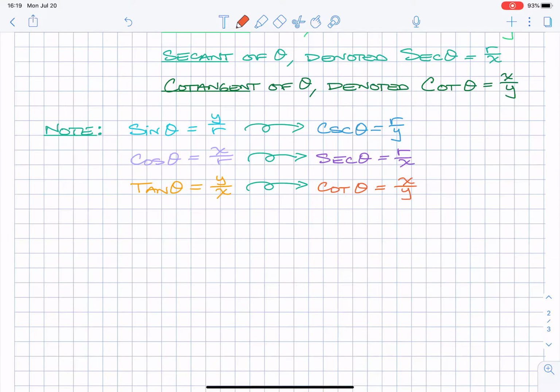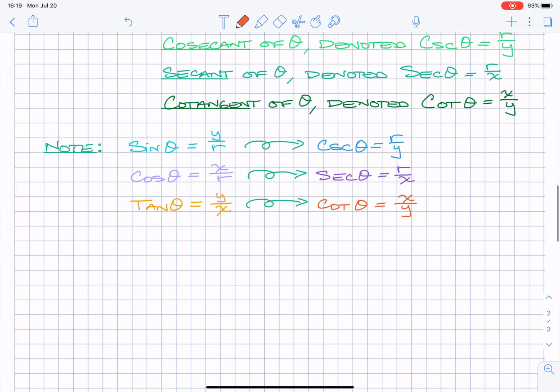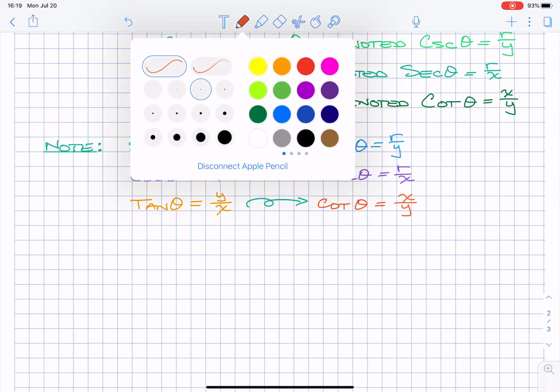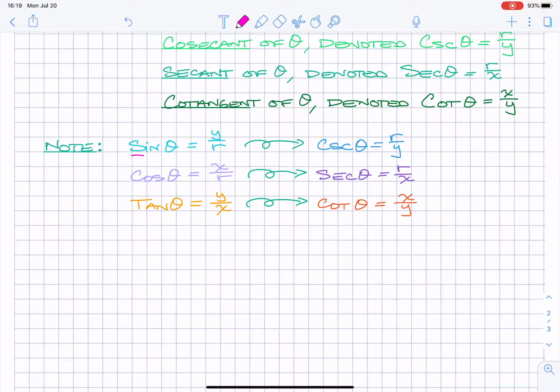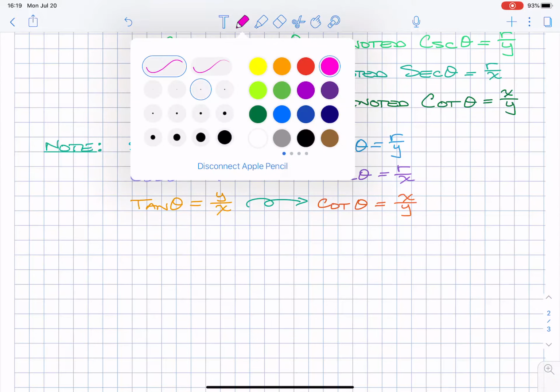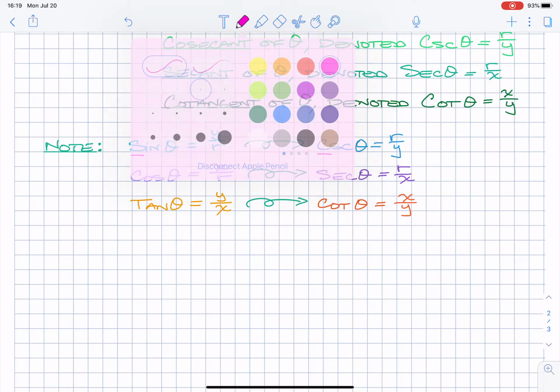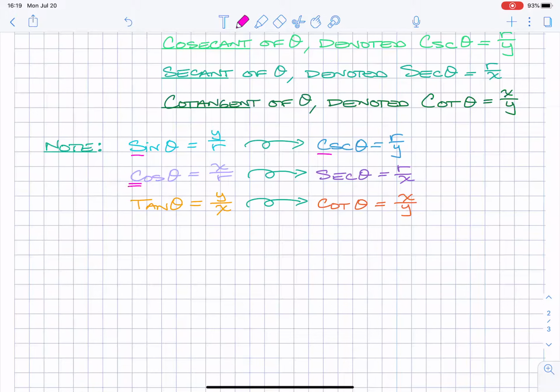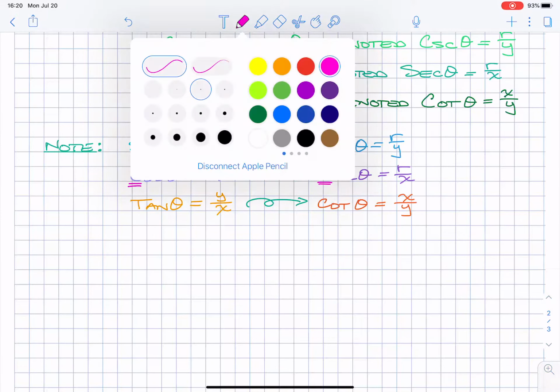So if we understand the reciprocal functions, note that S's and C's go together. The reciprocal of anything that begins with S is a C, and vice versa. So notice C here and S here. That's just a mnemonic device.